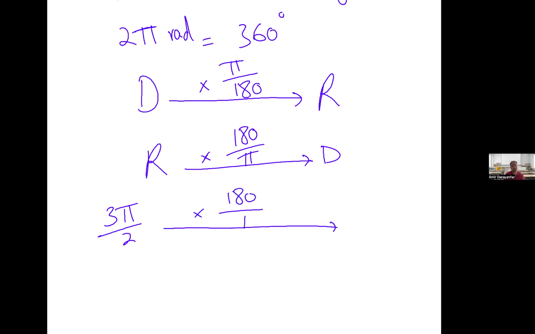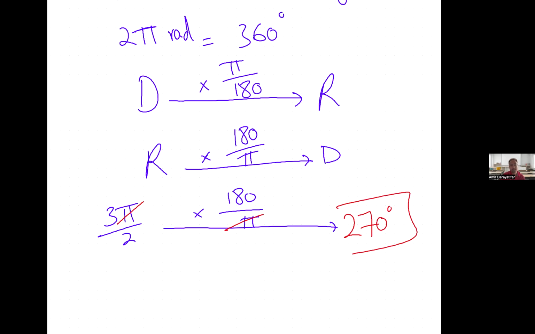As you can see here, pi and pi will cancel out. So that technically is 3 over 2 times 180, which is 3 times 180, which is 540, divided by 2 is 270 degrees. Okay, just like that. All right.